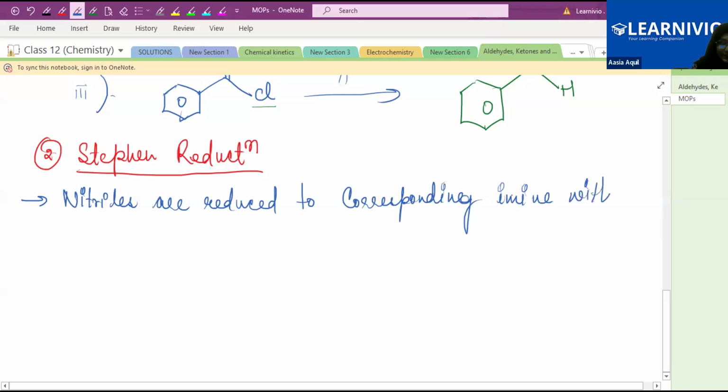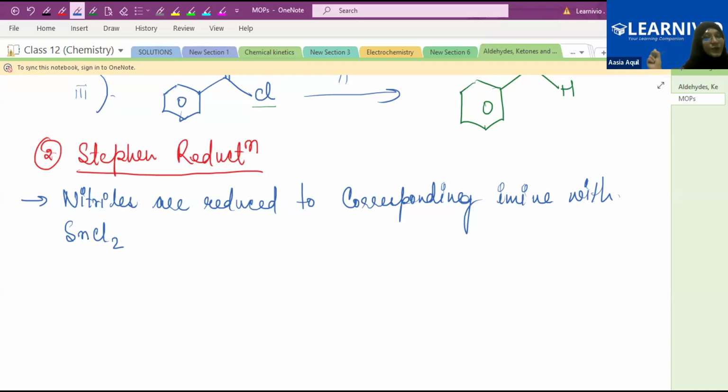I will tell you what is imine. You have heard of amine, you have heard of amide. Now what is imine? I will tell you. So nitriles are reduced to the corresponding imine with SnCl2. In this Stephen reaction, we use tin chloride, SnCl2. So S for Stephen, S for SnCl2. Just remember that.